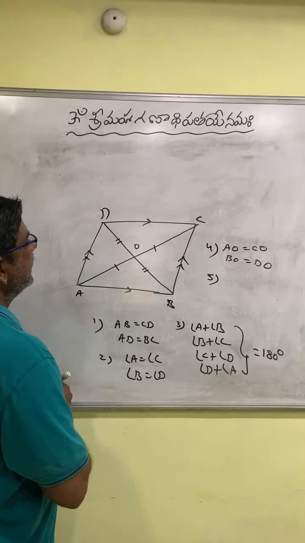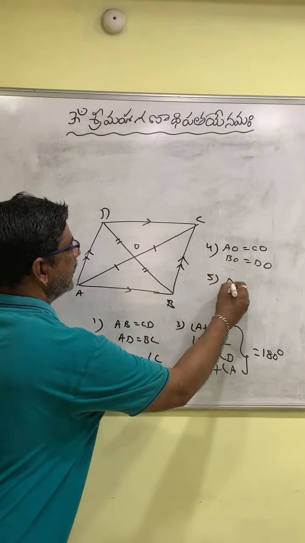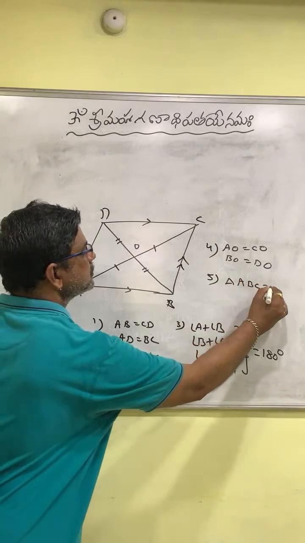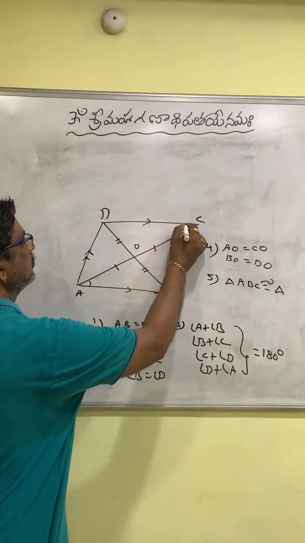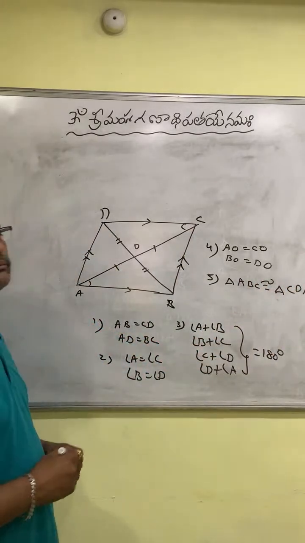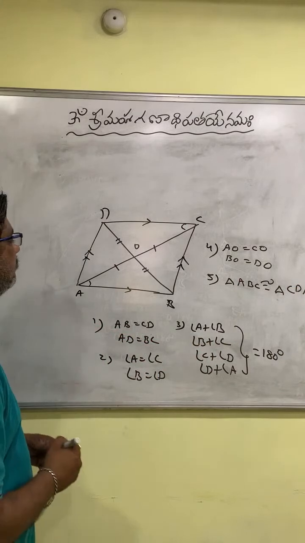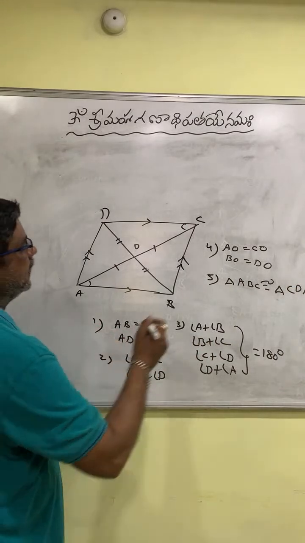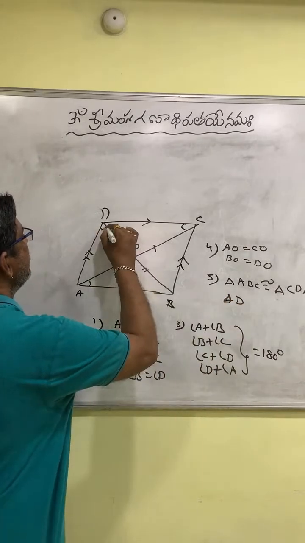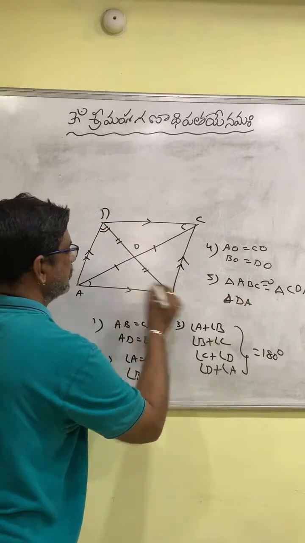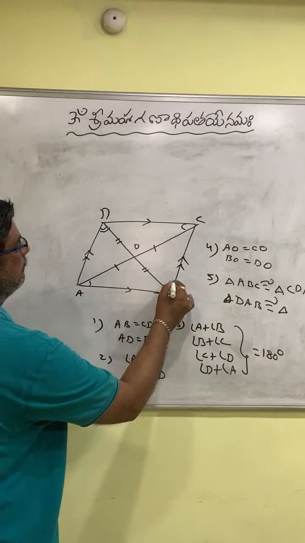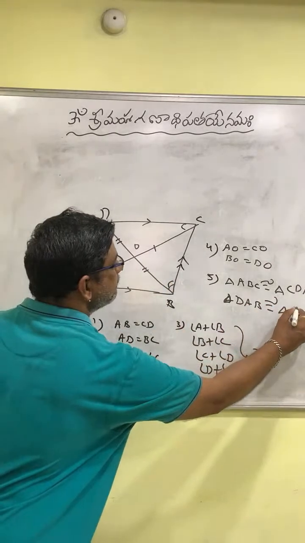Diagonal divides triangle ABC congruent to triangle CDA. అలాగే triangle DAB is congruent to triangle BCD.